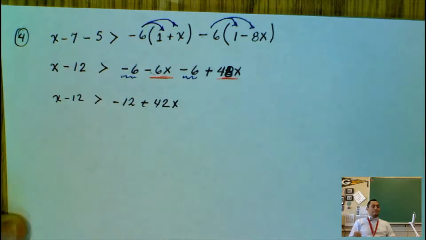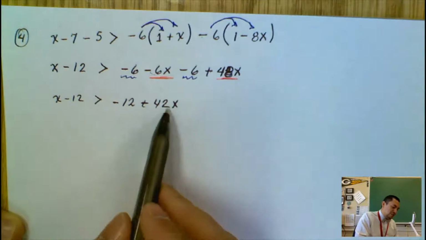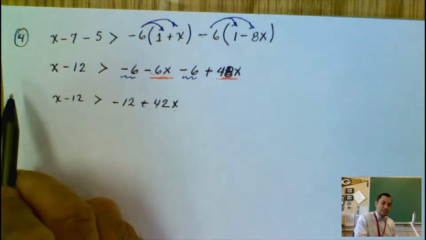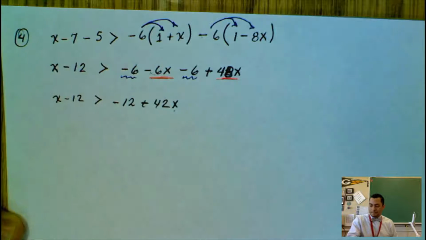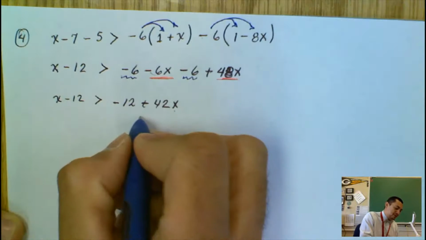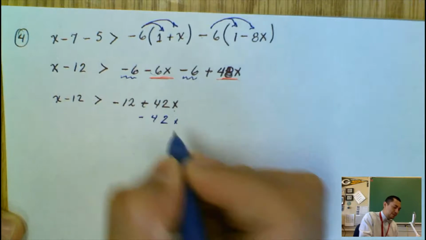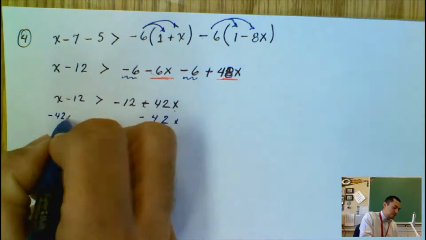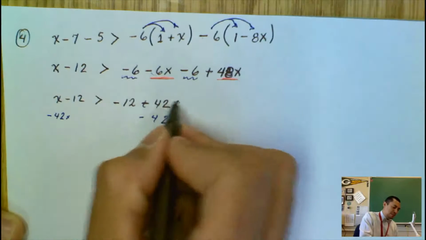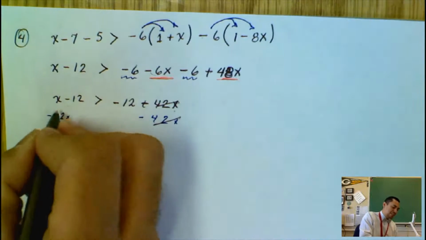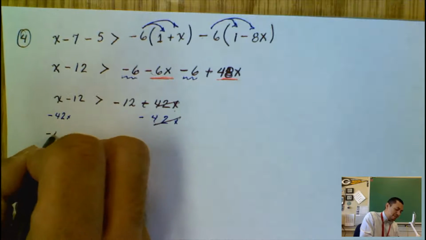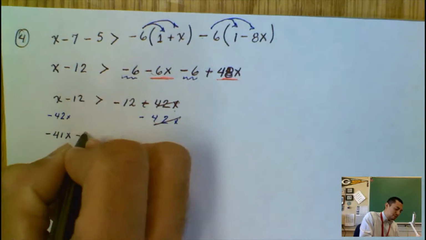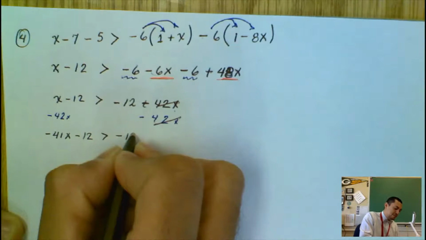So 48. Look at the x on the right and the x on the left. I'm going to move this 42x to the left side, so I have minus 42x, minus 42x. So this one cancels out. So I have negative 41x minus 12 greater than negative 12.